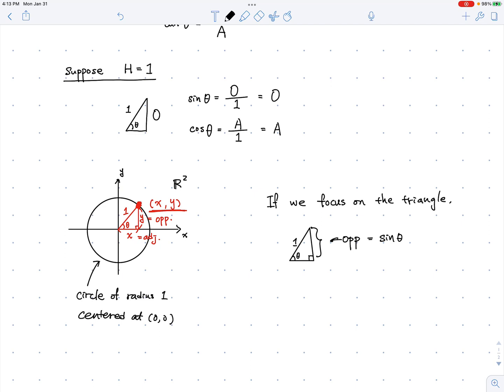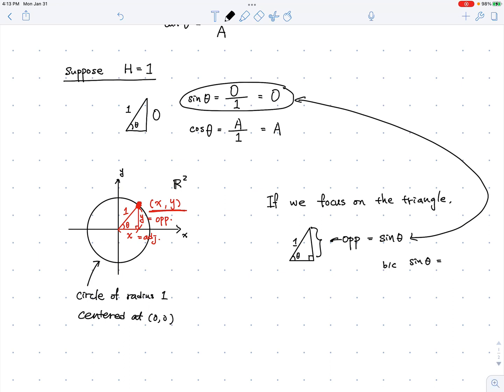Based on what we just discussed, because sine theta is equal to the length of the opposite divided by the hypotenuse. Okay, so we have the length of the opposite now equals sine theta.